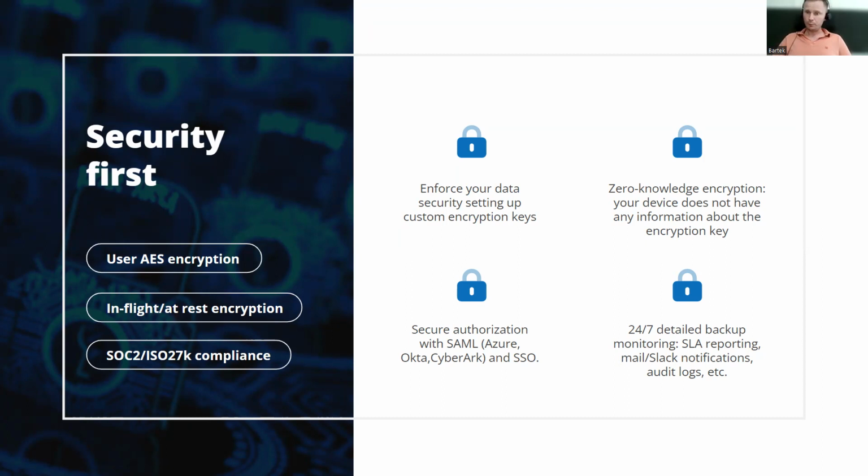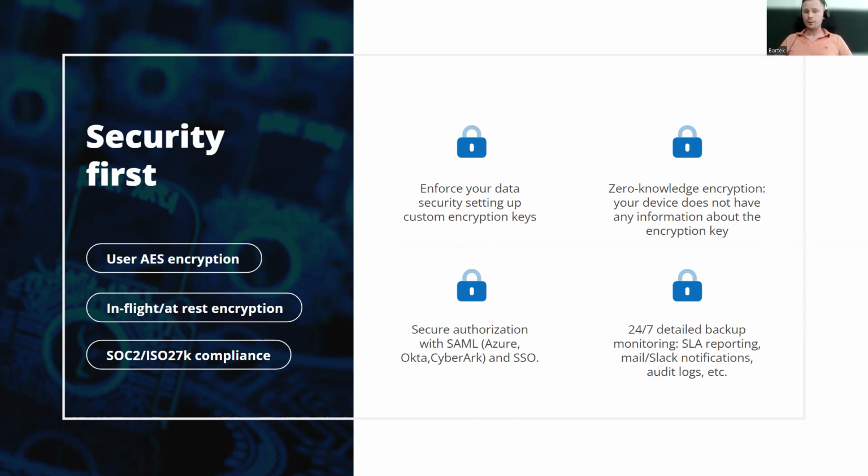And such encryption, this is also very important, should be performed according to your own encryption key. That means that you are the holder of the encryption key, you are the one who generates it, and no one, literally no one except you, is able to recover the data.